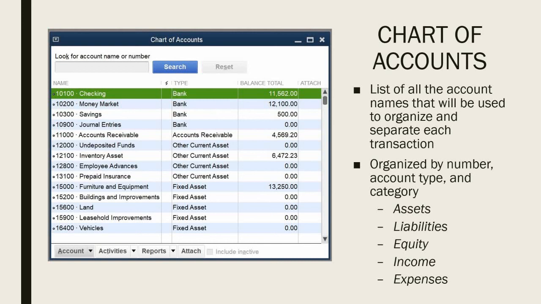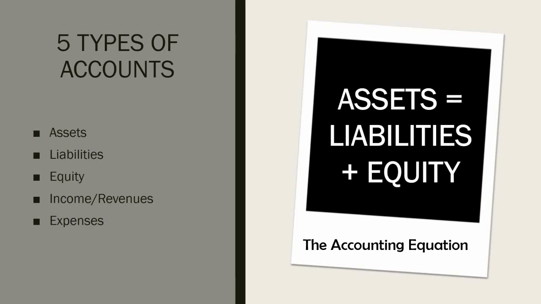Okay? Now, of course, the chart of accounts is typically organized based on account type. Again, we looked at what our account types are. It's going to be these 5 accounts right here: your assets, liabilities, equity, income, and your expenses.